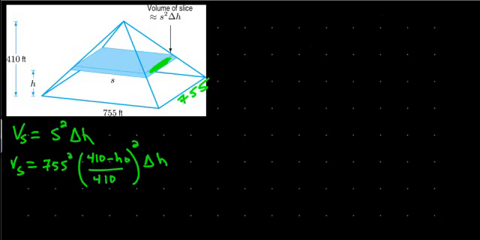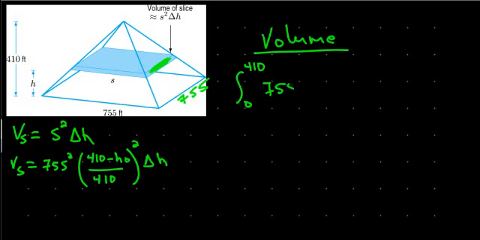So my volume is going to be given by, I'm going to integrate from 0 to 410, 755 squared times (410 minus h over 410) squared, dh. Okay?